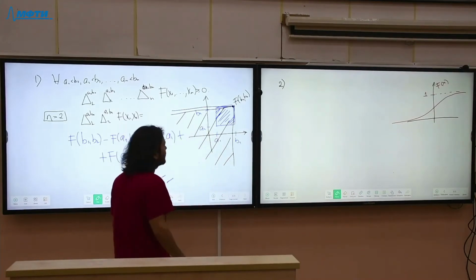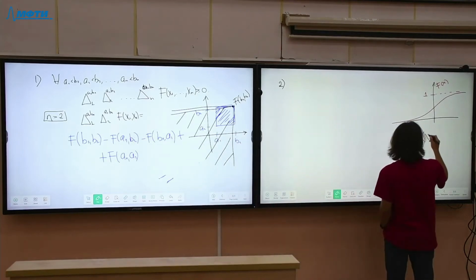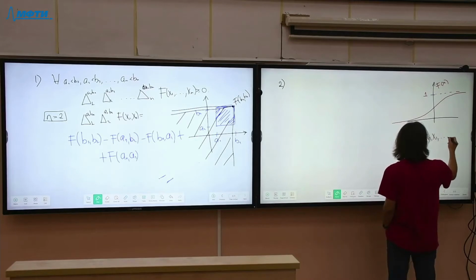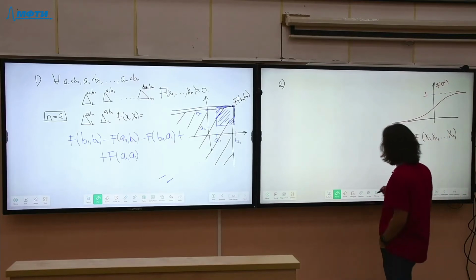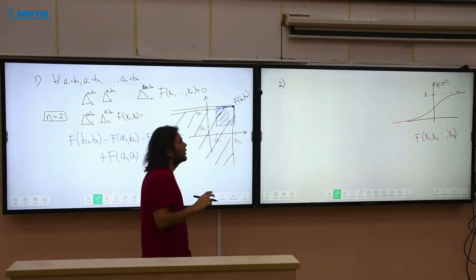Of course, we have not f of x, but we have f of x1, x2, and xn. So we actually have three limits here.